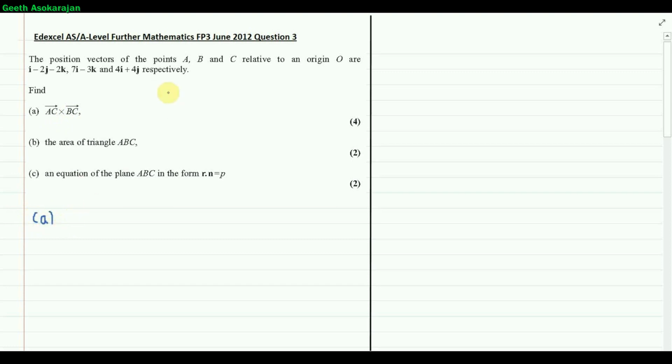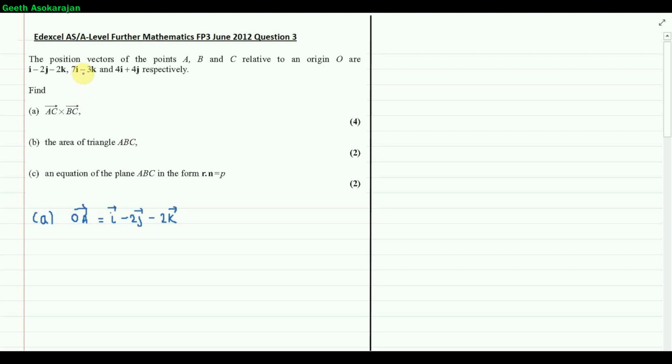So let me collect the data. We have these vectors. We have OA, which is given by i minus 2j minus 2k. So let me copy that down.